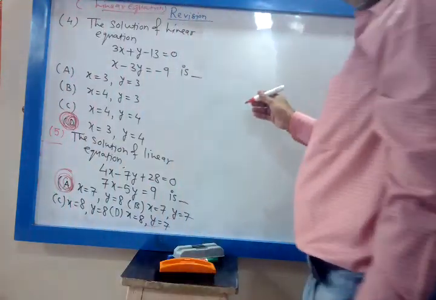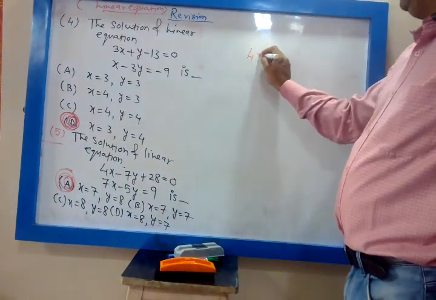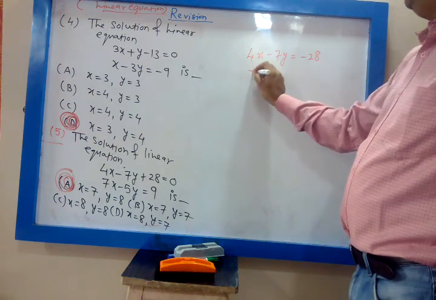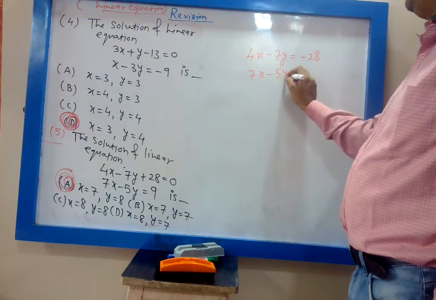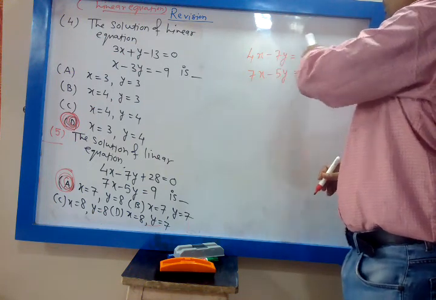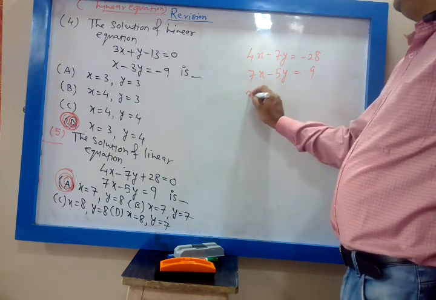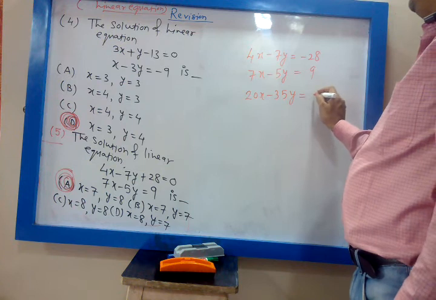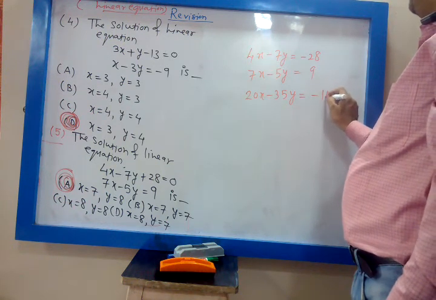Let us see. 4x minus 7y is equal to minus 28, and 7x minus 5y is equal to 9. Multiply equation 1 by 5: 20x minus 35y is equal to minus 28 into 5, which is minus 140.